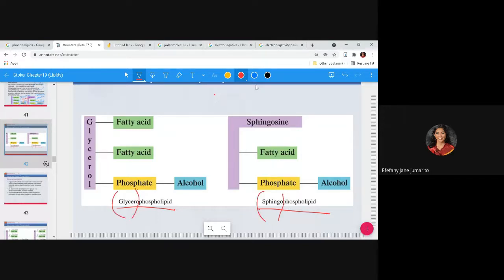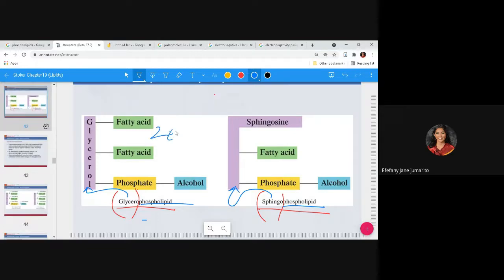They are phospholipids. Glycerol from your backbone, sphingo from your backbone. Now, two ester groups, ester linkage, one ester linkage, and then this one is phosphate linkage.